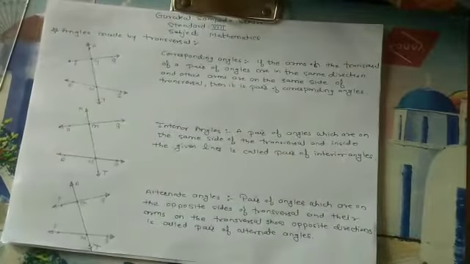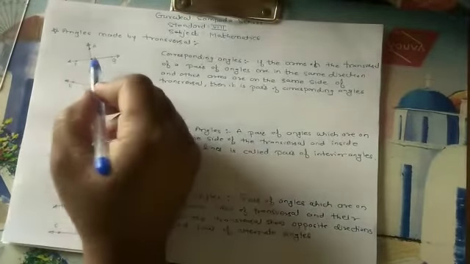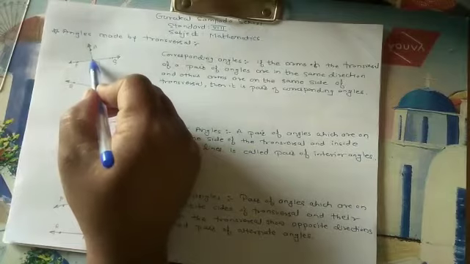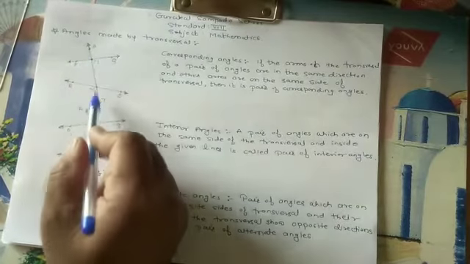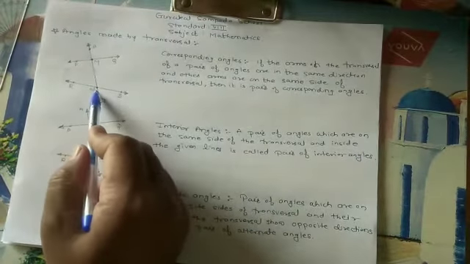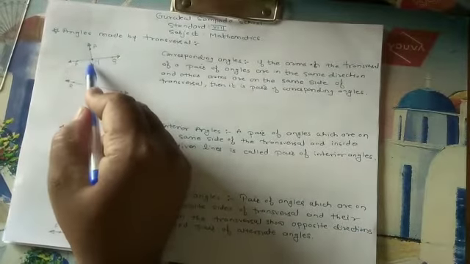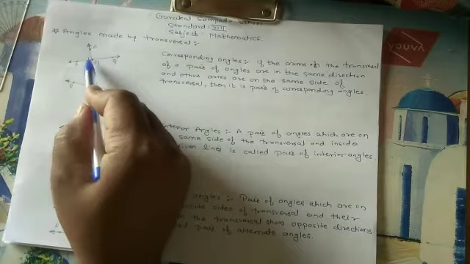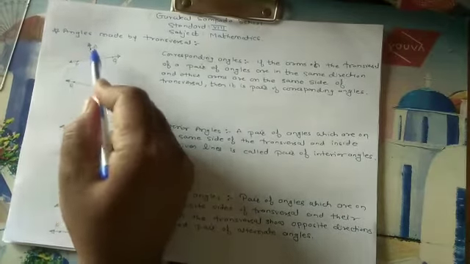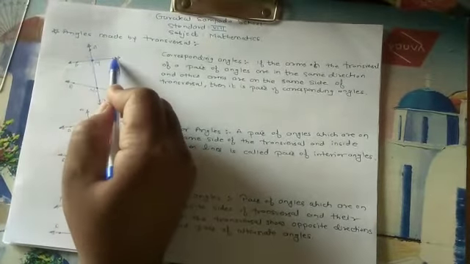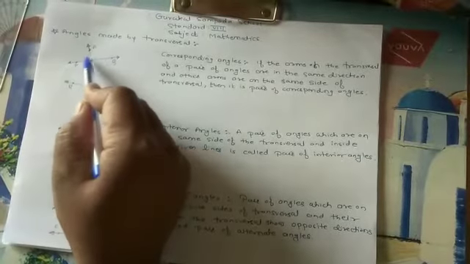Now, how many angles are formed when this transversal intersects the lines, suppose first at point M and second at point N? At each point, four angles are formed. At point M, angle AMP is the first angle, angle AMQ is the second angle, and these are the exterior angles.